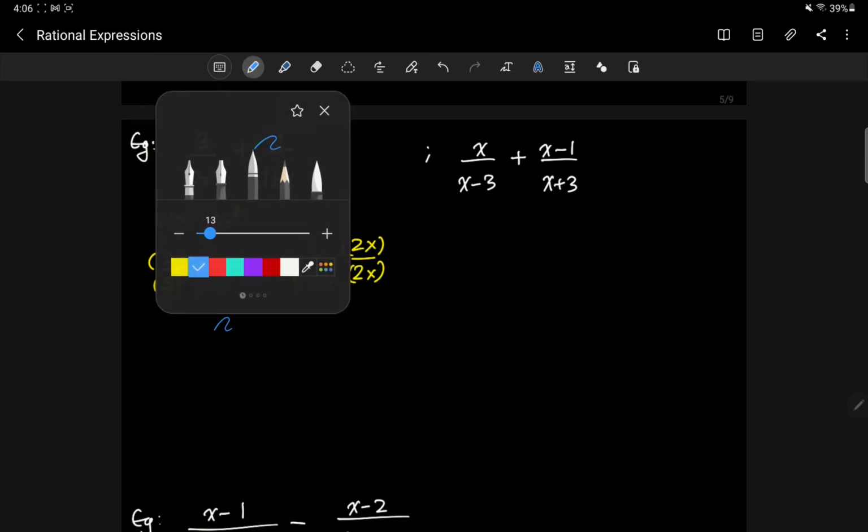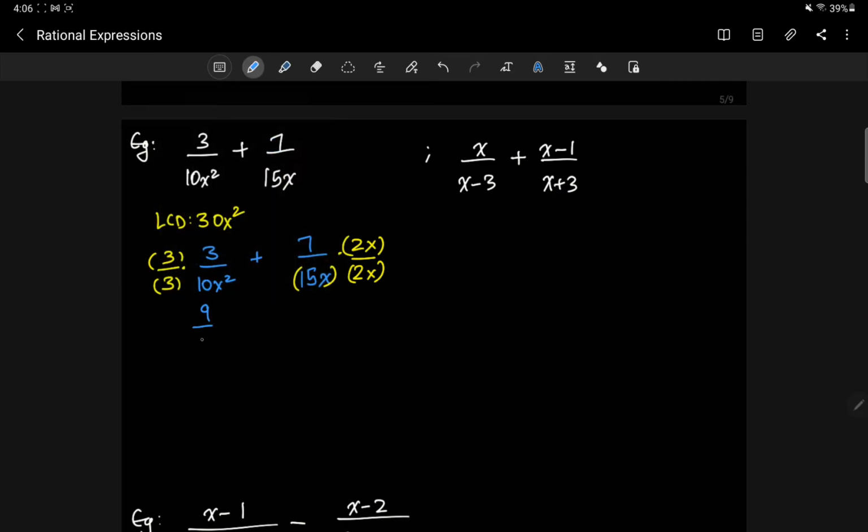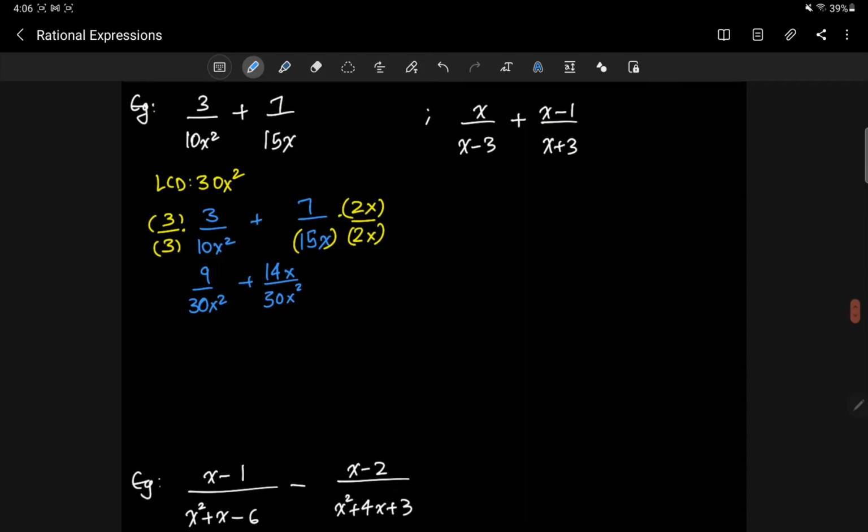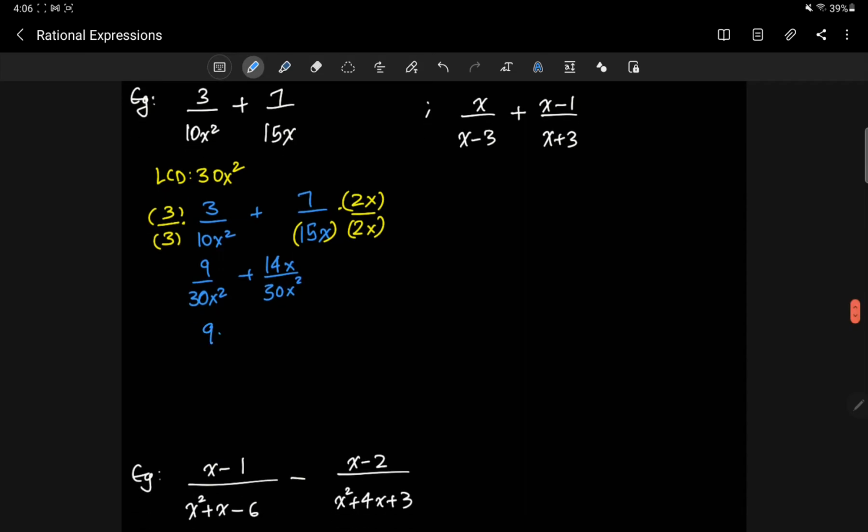That makes the numerator of the first term 9, the denominator 30x squared as expected, 14x and 30x squared. When I add them up, 9 plus 14x, they are unlike terms. They are not like terms, so they don't combine, and the denominator stays as 30x squared.